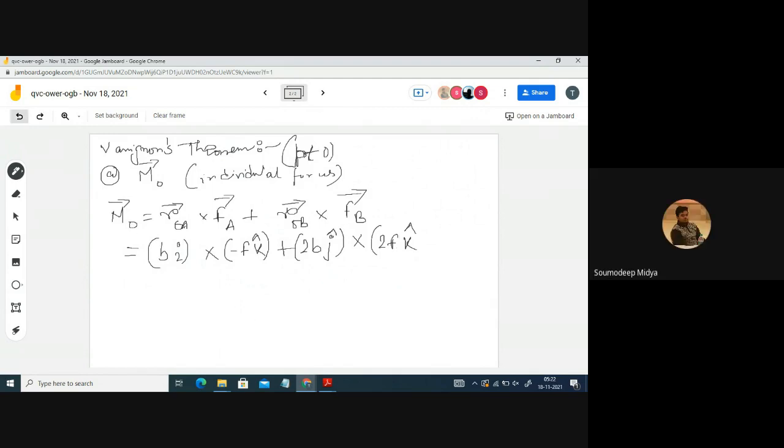Now you can calculate this just using the concept of unit vectors. Let me do it in an easier fashion. So i, j, k: i cross j is k. i cross k is actually minus j, right? So this minus will cancel out.